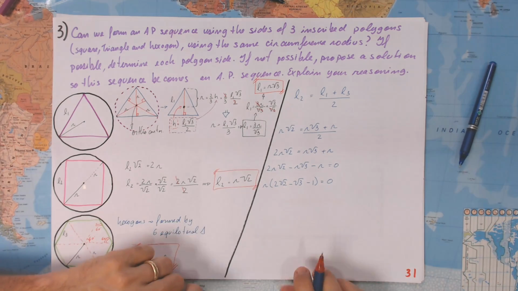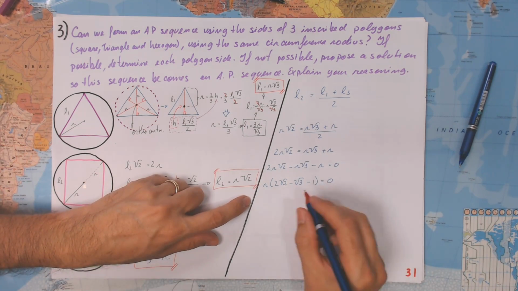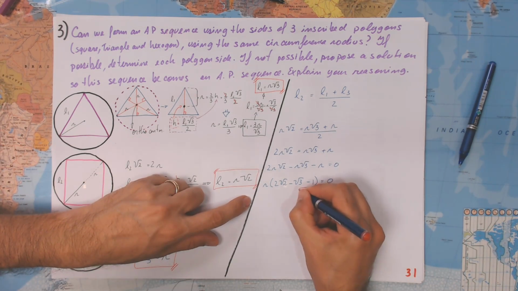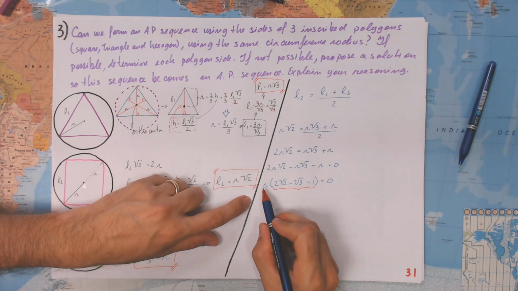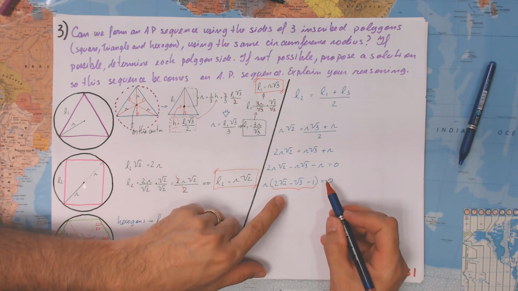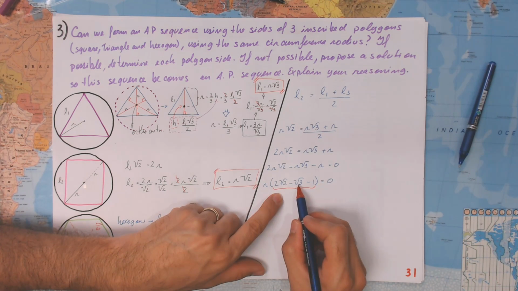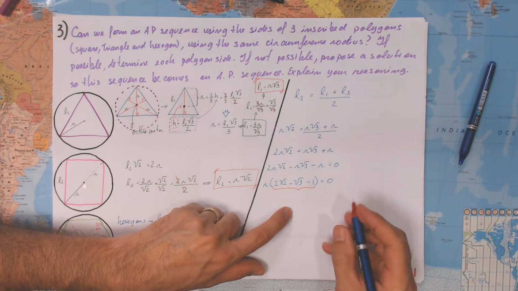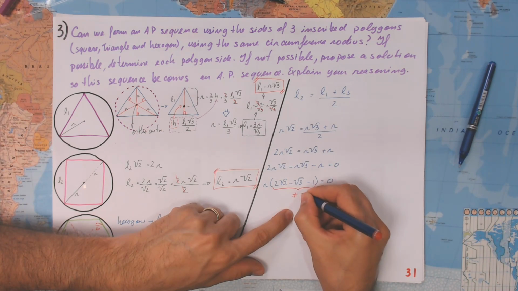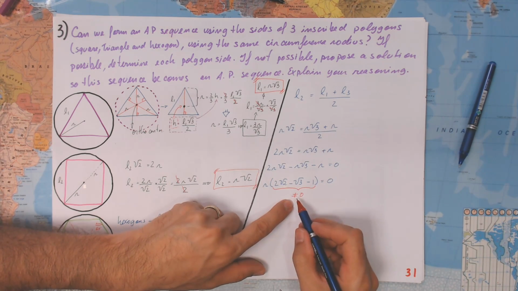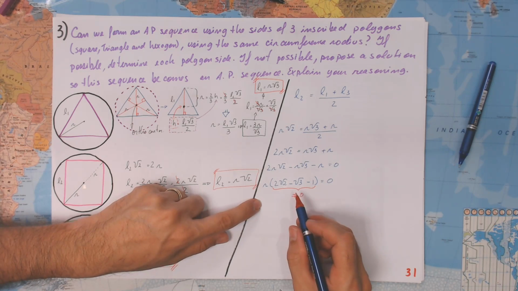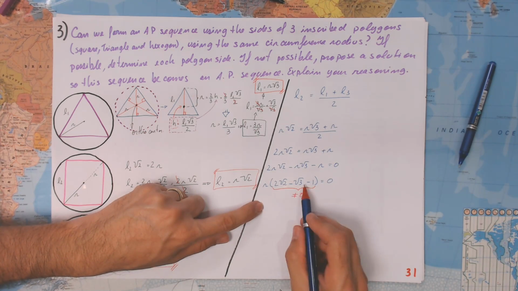And let's do something now. What should we do here? R times this one is 0. Now, is this possible to be 0? 2 square root of 2 minus square root of 3 minus 1. No, this will never be 0. Never. They are all constants, and those constants are not going to go to 0.